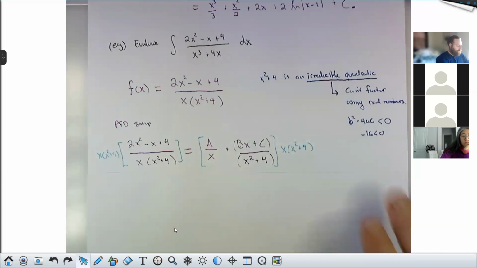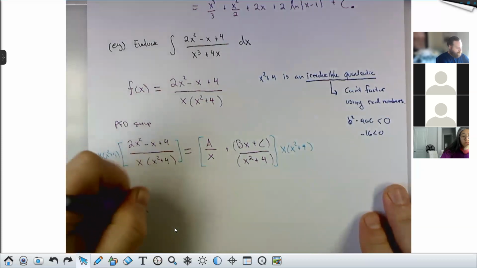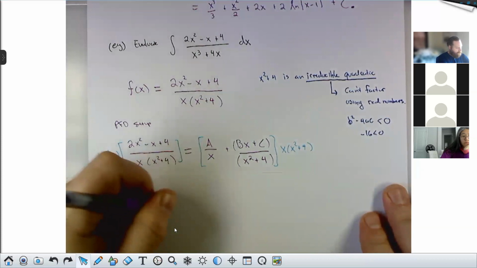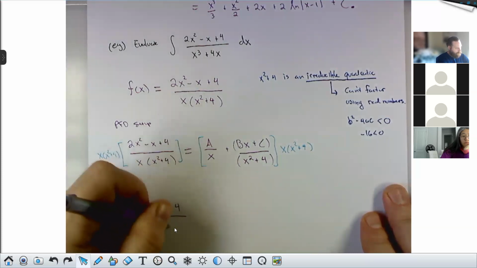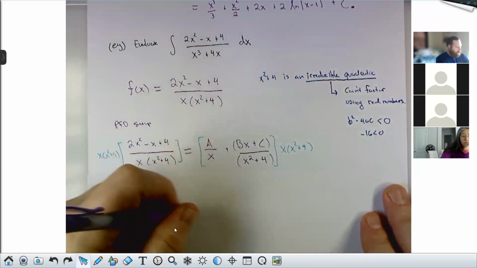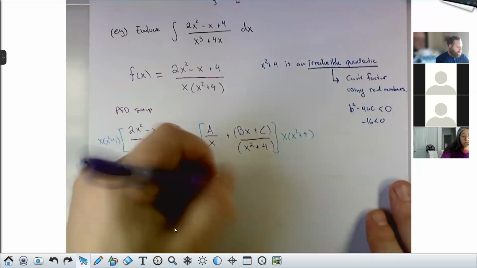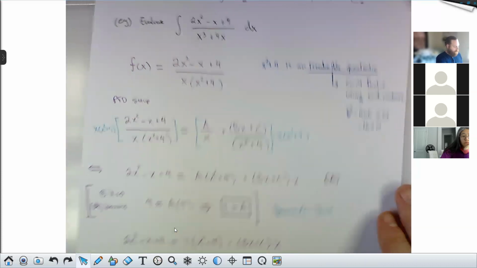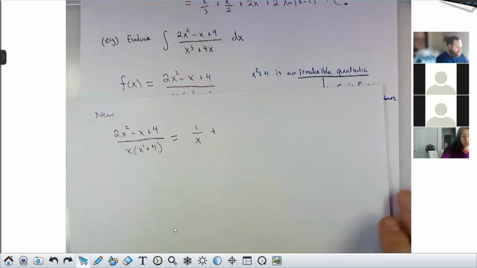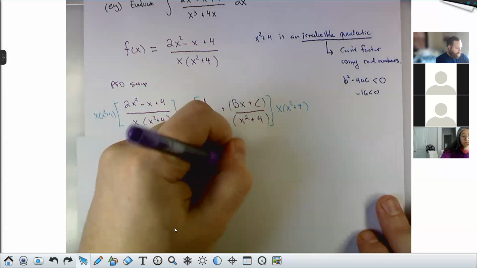We come back here. So we had (2x squared minus x plus 4) over x times (x squared plus 4) equals a over x, and a was 1. So this is 1 over x plus b was +1, so that's x.